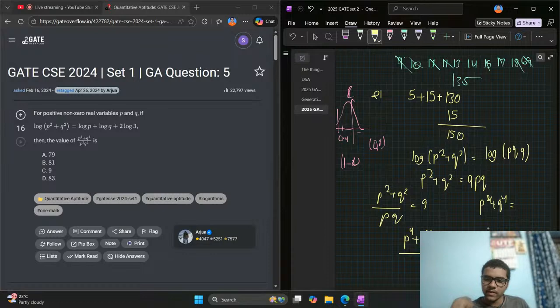It is at grip, but it is not coming. That will be 80 p square q square. Oh, you got it. That is 80.